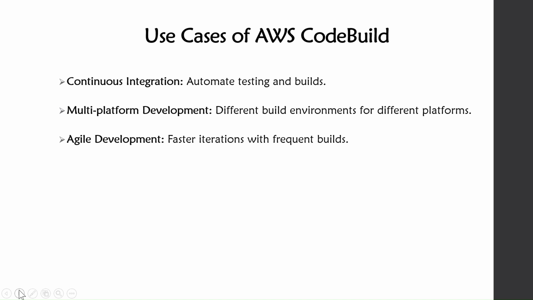This ensures that each sprint can be completed with a validated and deployable build, improving productivity and ensuring quicker feedback loops. By automating builds and tests, CodeBuild helps development teams achieve a faster and more efficient workflow, essential for agile methodologies.